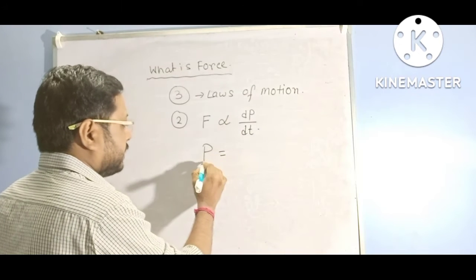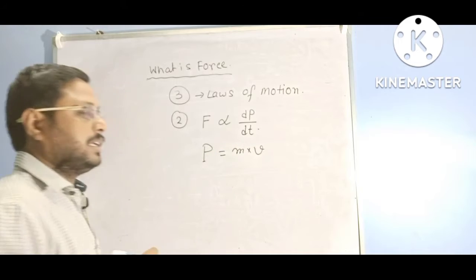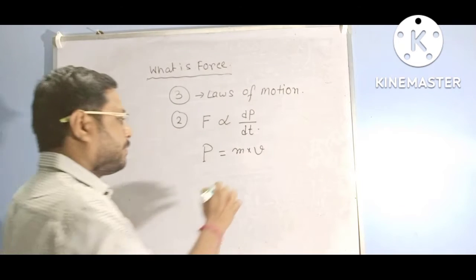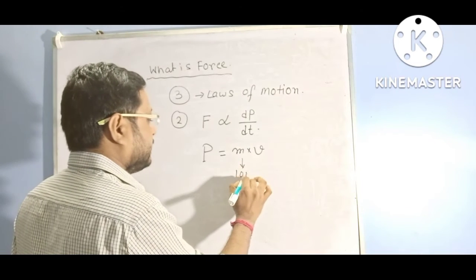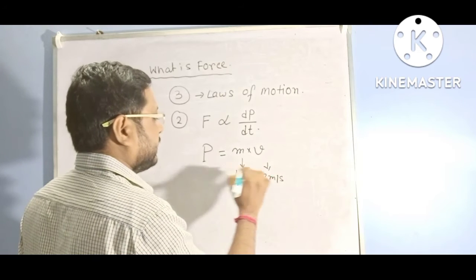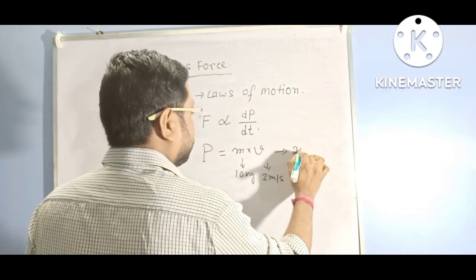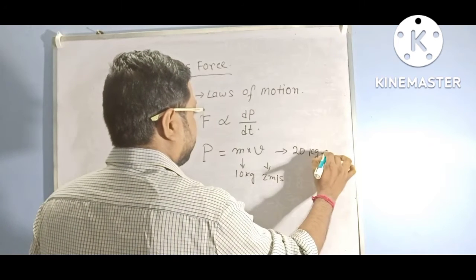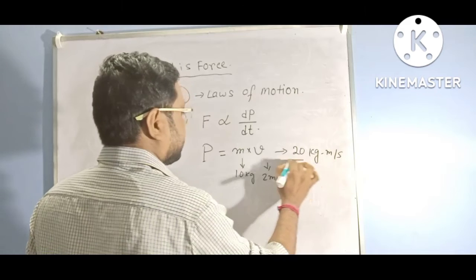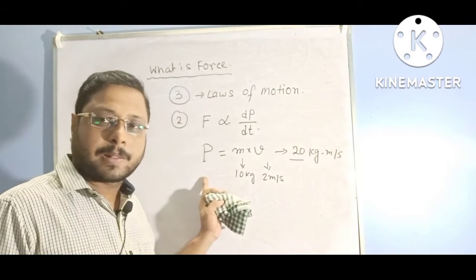It is defined by mass into velocity of any particle. If the mass of a particle is 10 kg and velocity in SI system is 2 meter per second, then linear momentum is 10 into 2, that is 20 kilogram meter per second. This is known as momentum.